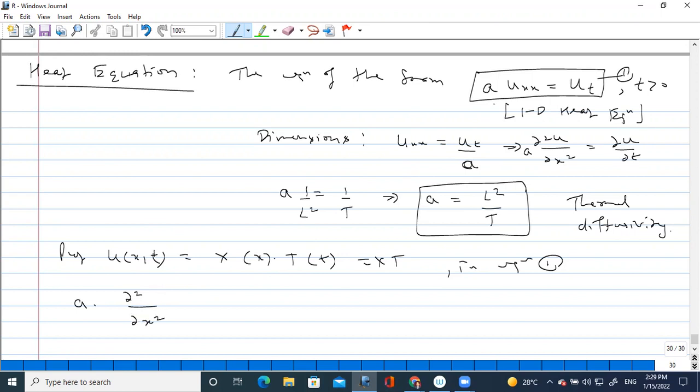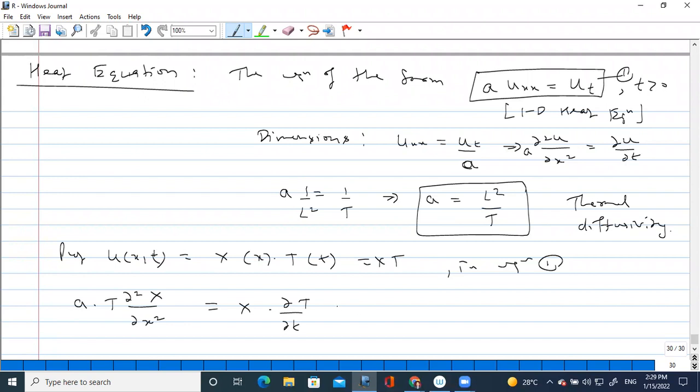So here it will be X only, because T will be constant here. It will come outside, and that will be equal to del u by del t. So here X will be constant. It will be del by del t of T.